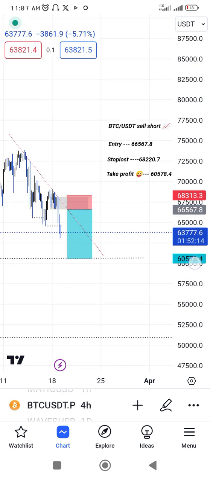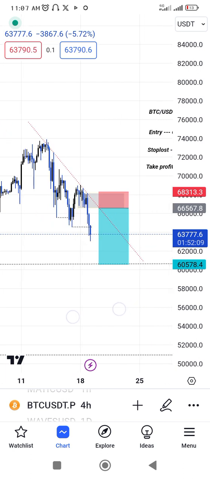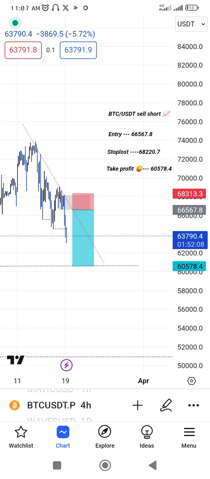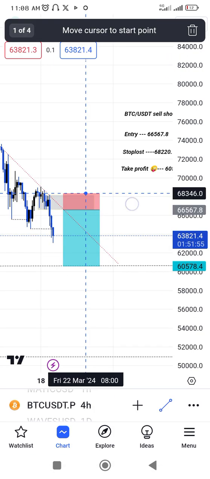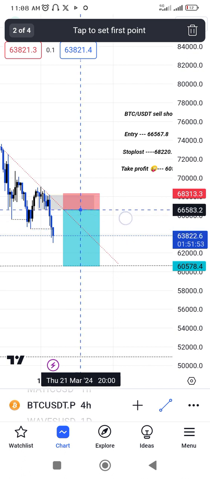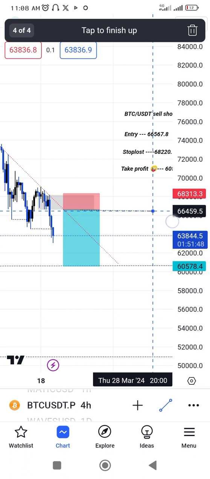So what I see right now is the price of this market dropping. The price is dropping, and I don't want to buy immediately because I still see a retracement in the market before I get into the market. I'll be using this section over here, this zone which you see here, as where I want the market to get to before I sell.